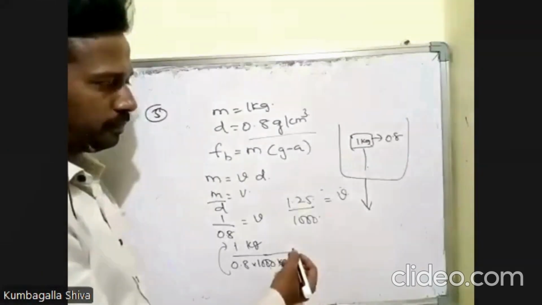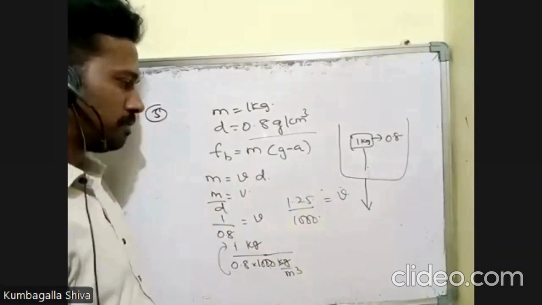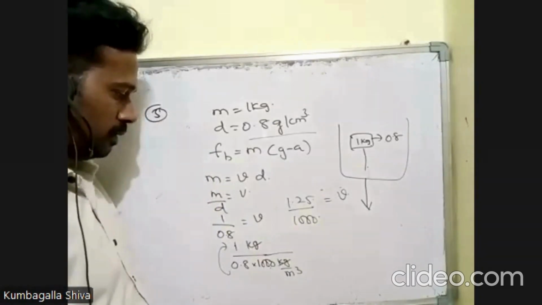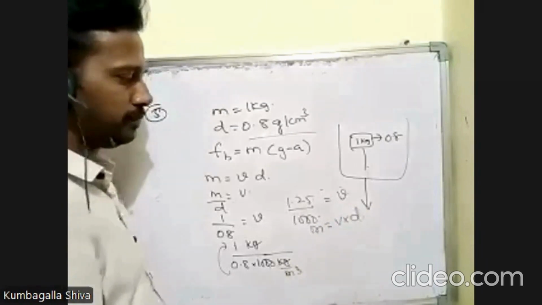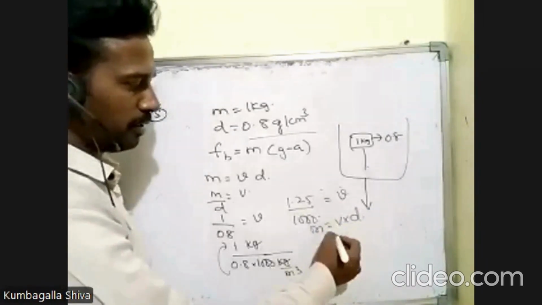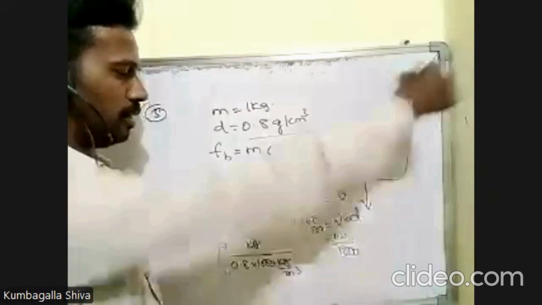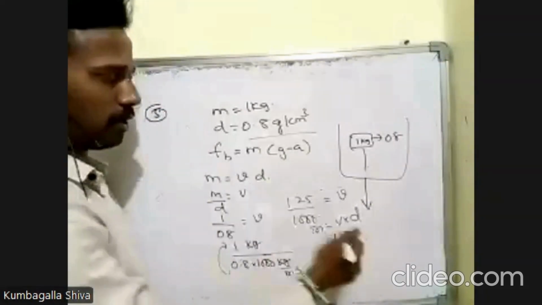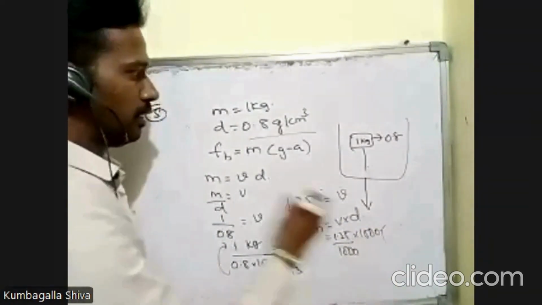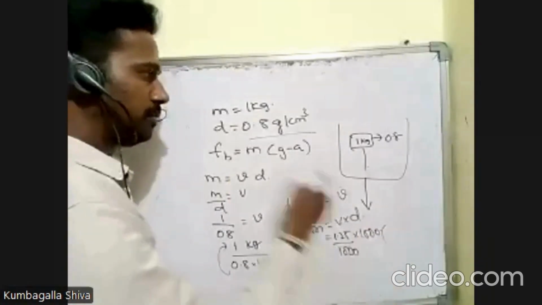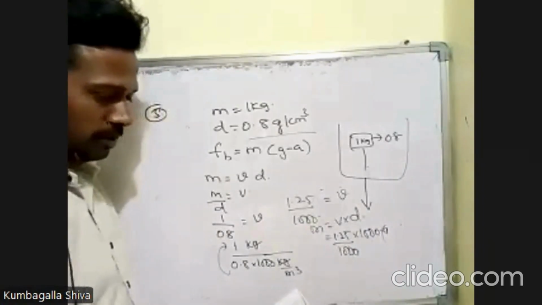Mass is what? Volume into density, which means I'm getting 1.25 by 1000. Density of the water here inside the water is how much? It is 1000, and here g minus a. Right, I'm getting g minus a. g is what? g given is 10 in this problem.